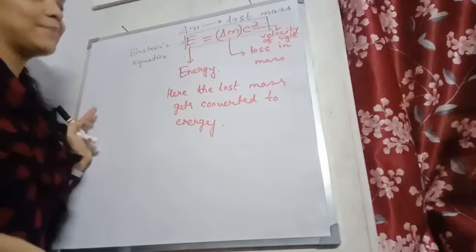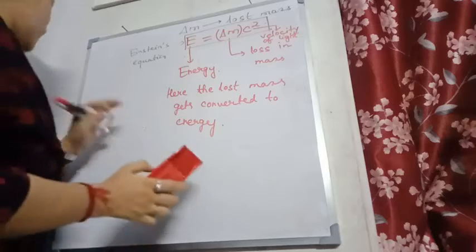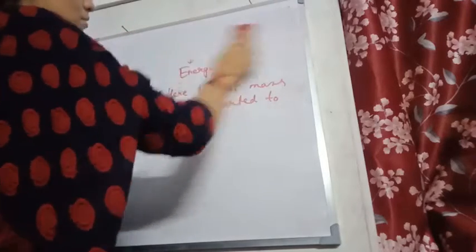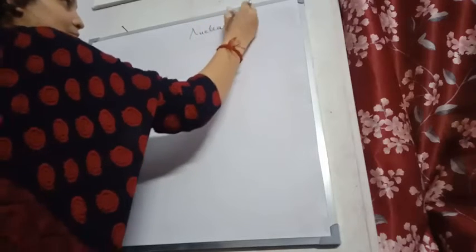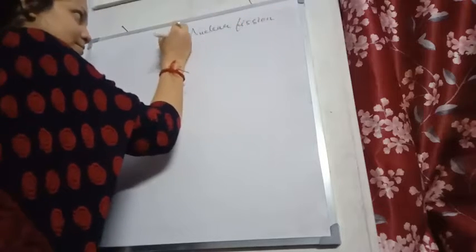Now we'll do the types of nuclear reaction. First we'll start with nuclear fission. This is under nuclear reaction number 1.